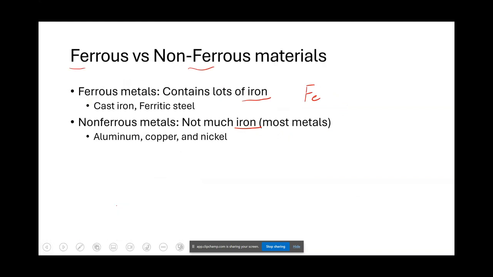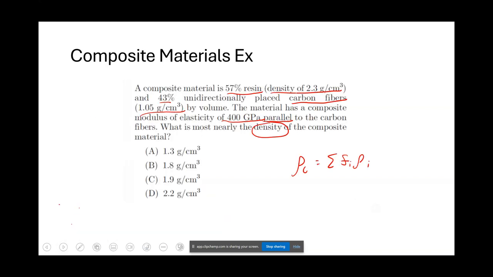So we can work from there to use rho C equaling 0.57 times the density of that resin, which was 2.3 grams per centimeter cubed, and then 0.43 times 1.05.